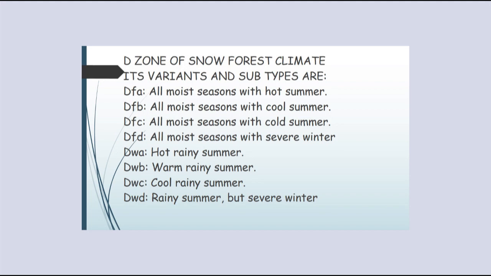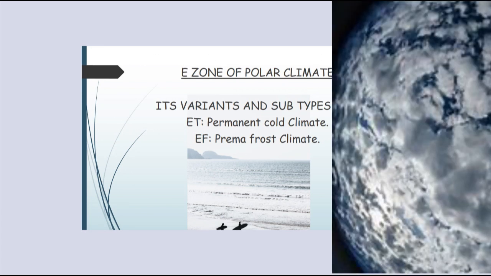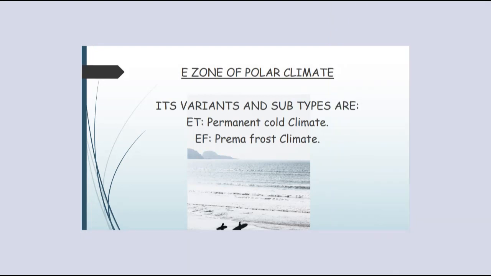E represented areas with permanent frost conditions or icy conditions, which were mainly in the Arctic and the Antarctic regions, though these terms were unheard of at that time. ET represented cold climate, while EF represented permanent frost condition at the extreme parts of the world with blizzards and permanent ice caps.